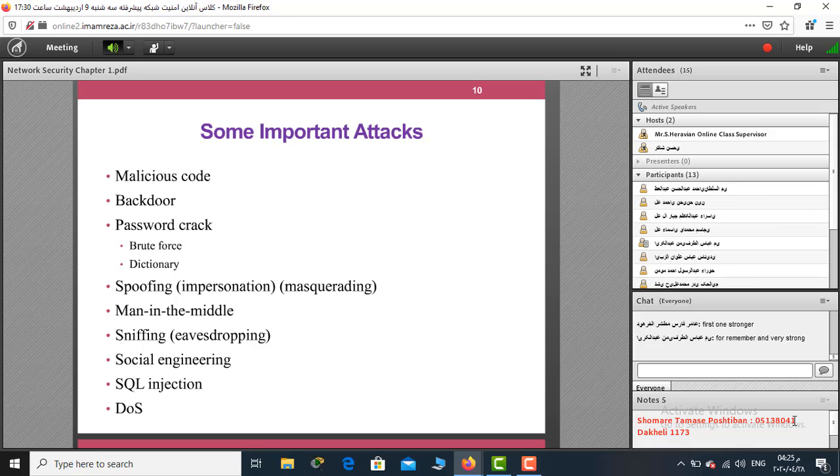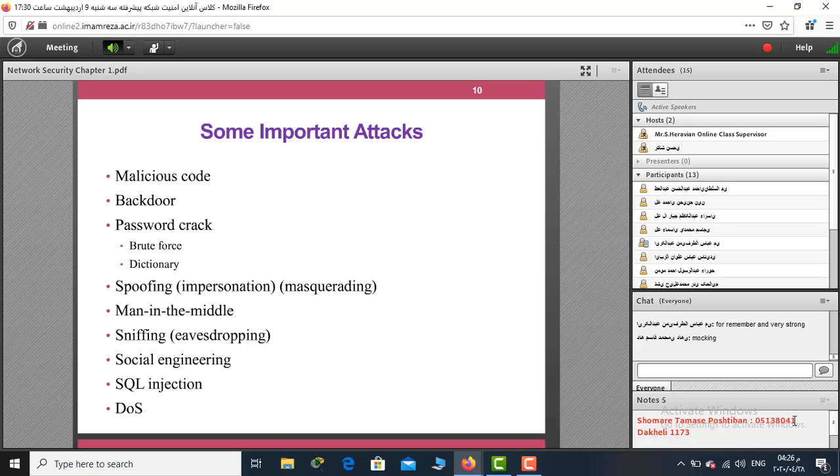Okay? To pretend that you are somebody else. This is an act of an attacker. The attacker may pretend that he or she is another person.